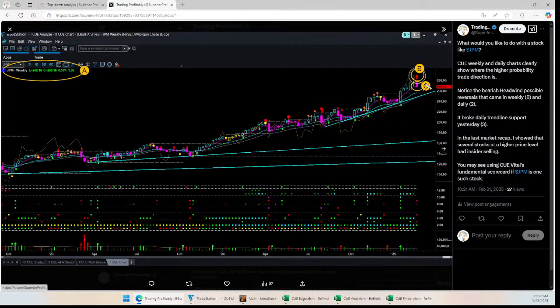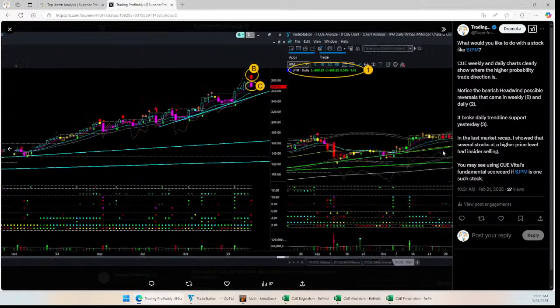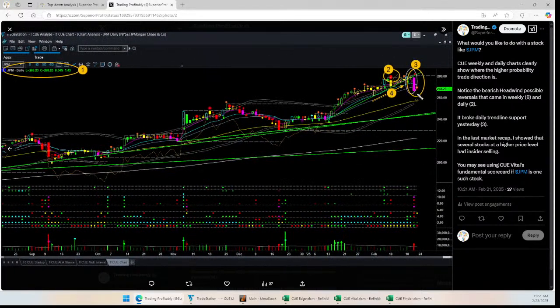It gave a bearish headwind in weekly JPM, and not a bearish headwind, a breakdown in daily on Thursday. There was a bearish headwind in daily earlier, but it broke the trend line support right at the open on Thursday. If you were watching JPM, you would find it in the real-time finder as a breakdown short setup.